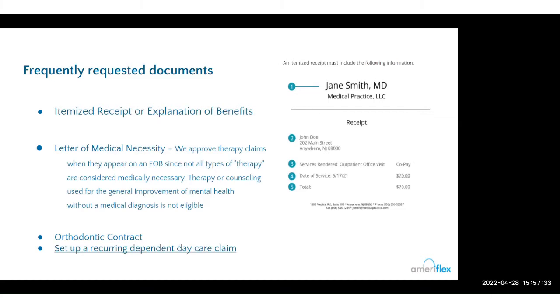Again, itemized receipts or explanations of benefits are documentation that can substantiate your transactions, as well as documents that should be submitted with a manual claim.